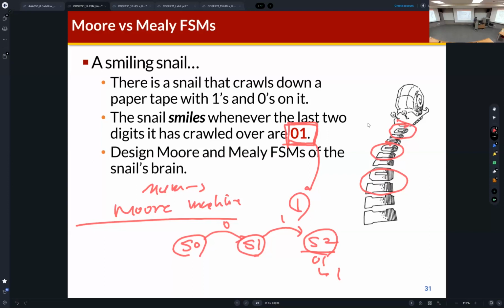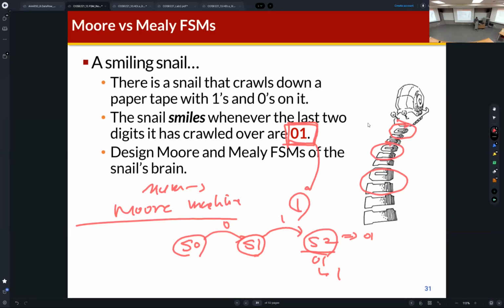So we can detect the transition 0, 1. Okay. And then based on the base definition, we can generate the state transition diagram. For this sequence, the Moore machine is a little bit tricky.